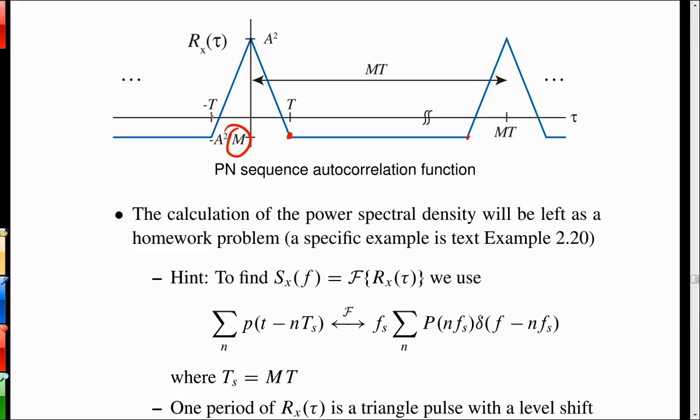It would be uncorrelated as soon as you slid 1 bit away from alignment. You would see no correlation. That would be the perfect random sequence. But guess what? The perfect random sequence never repeats.